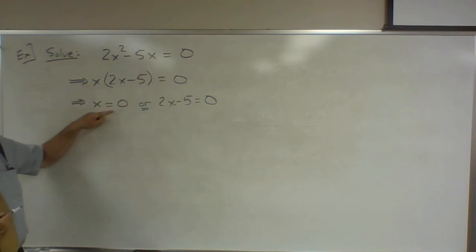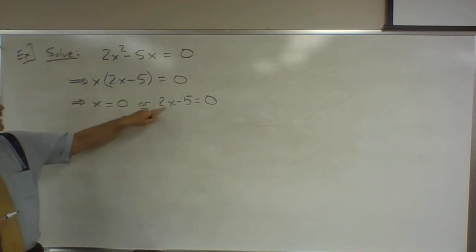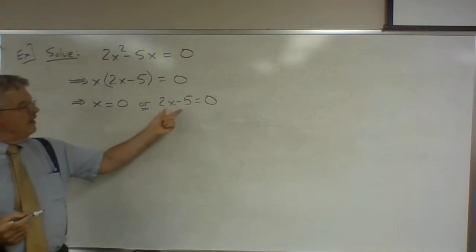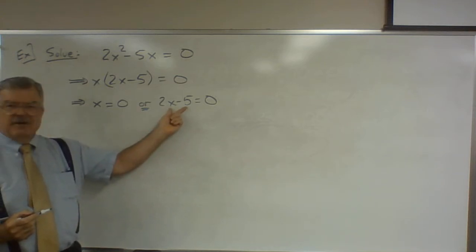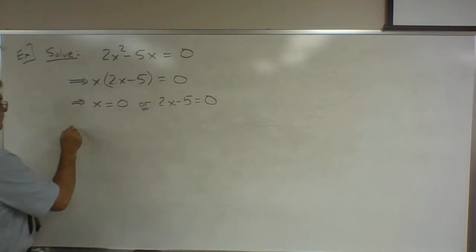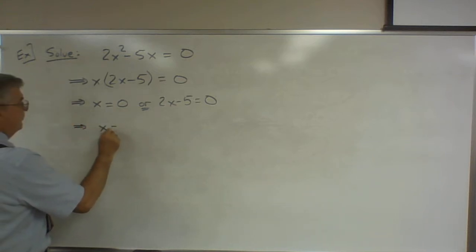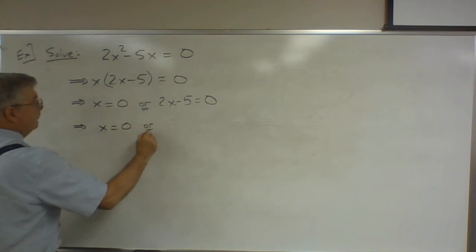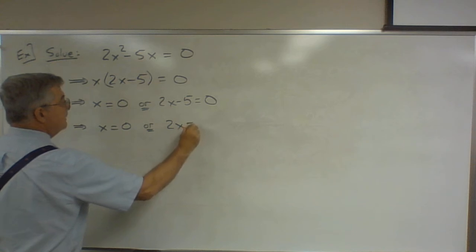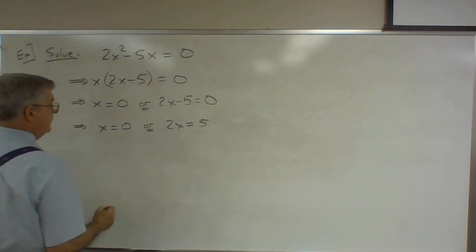Either the first factor is 0 or the second factor is 0. Now, let's solve for x here because we don't have x given explicitly here. Move the constant term to the right side of the equation.